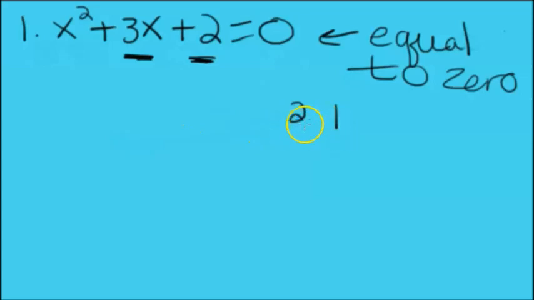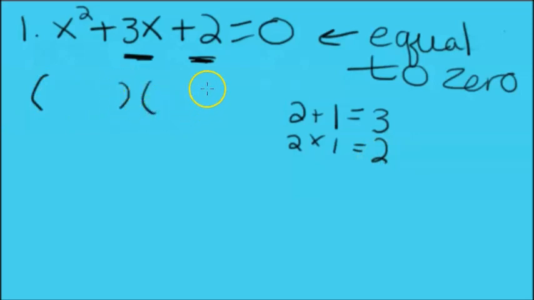Adding those will equal 3, and multiplying 2 times 1 is equal to 2. So we may have our factors here.